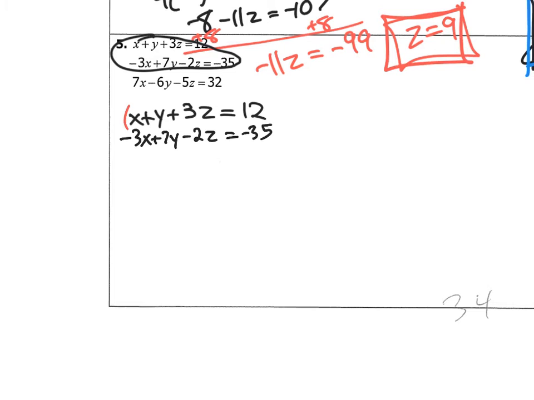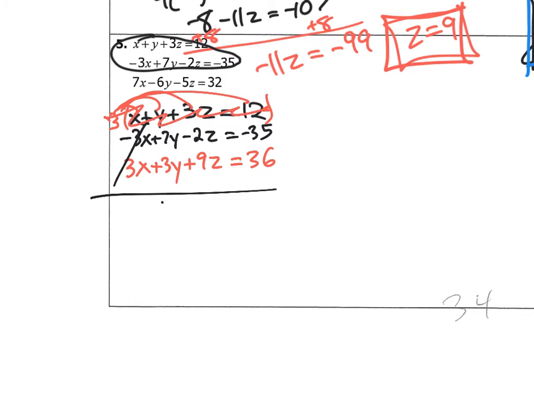Okay, I'm going to multiply this by 3, and I get 3x plus 3y plus 9z equals 36. So if I add them together, the x's go away. I'm left with 10y plus 7z equals 1.